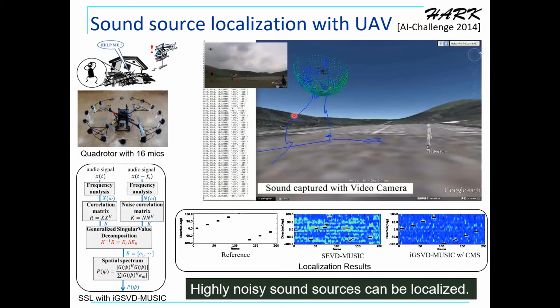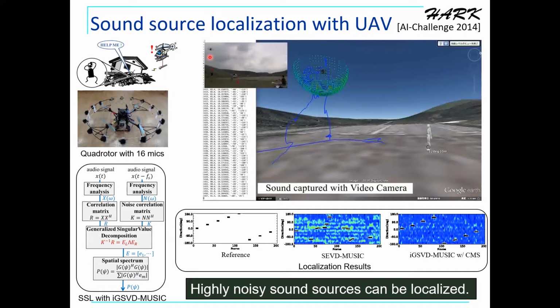This is a movie to show the effectiveness of sound source localization in HARK. We attached 16 microphones to this drone. Each microphone is covered with this black fur. You can see this drone flying here in this picture. During flying, a person here sometimes utters.